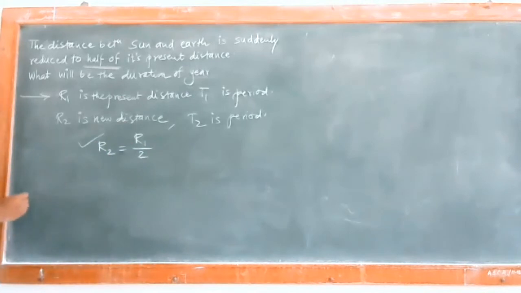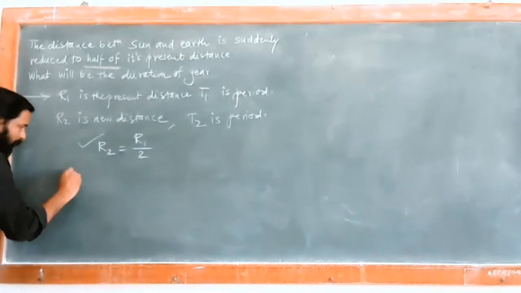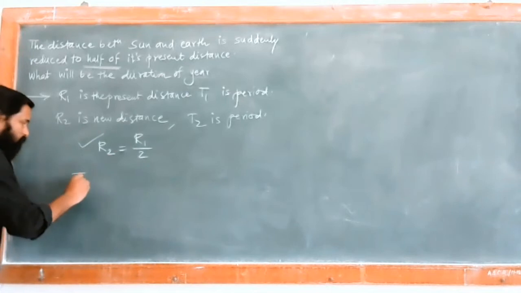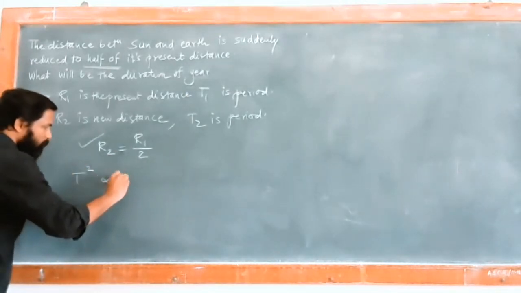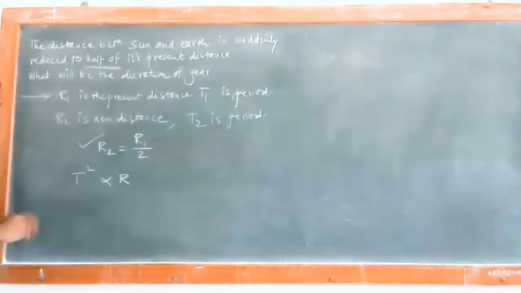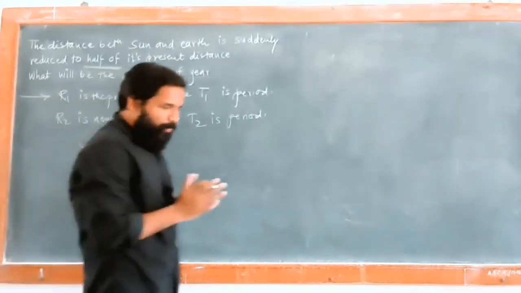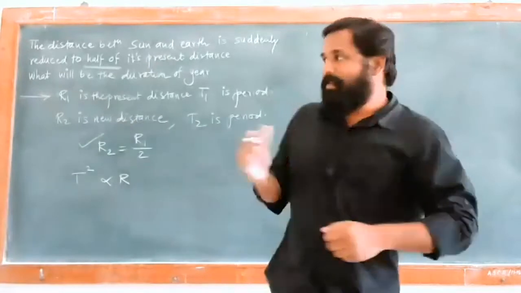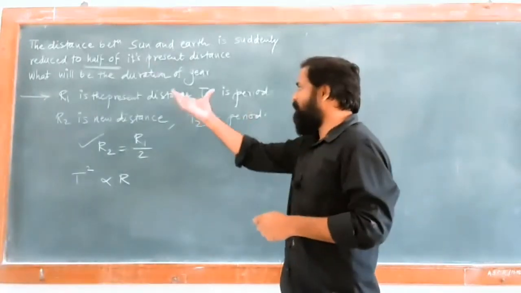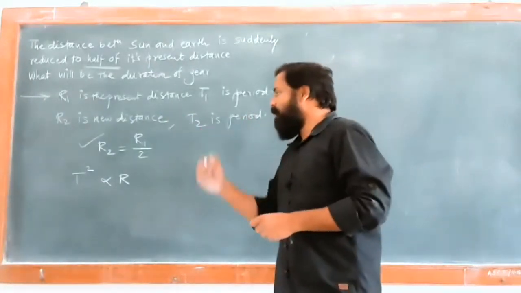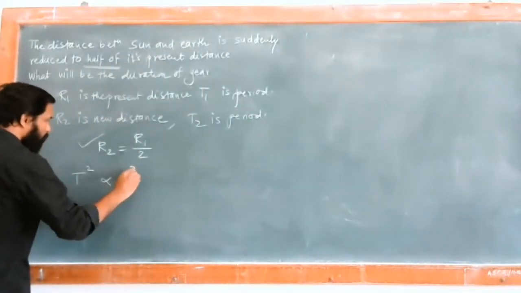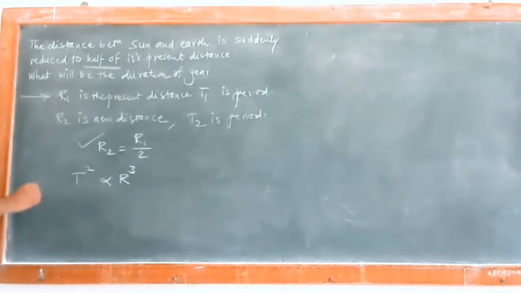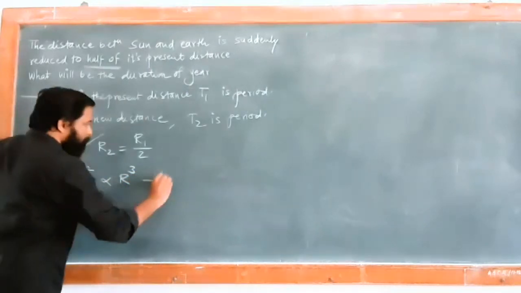Now, what is our relation? Our relation is the square of the period is directly proportional to the cube of the semi-major axis. So t square is proportional to r cube. This is the Kepler's third law.